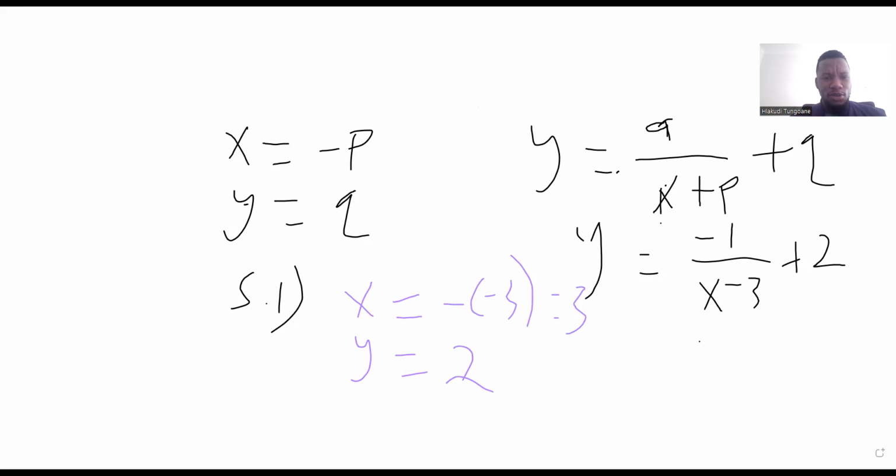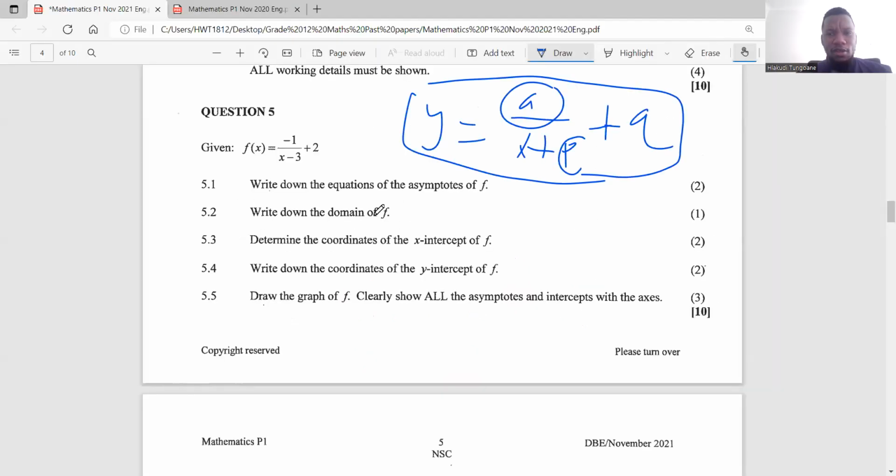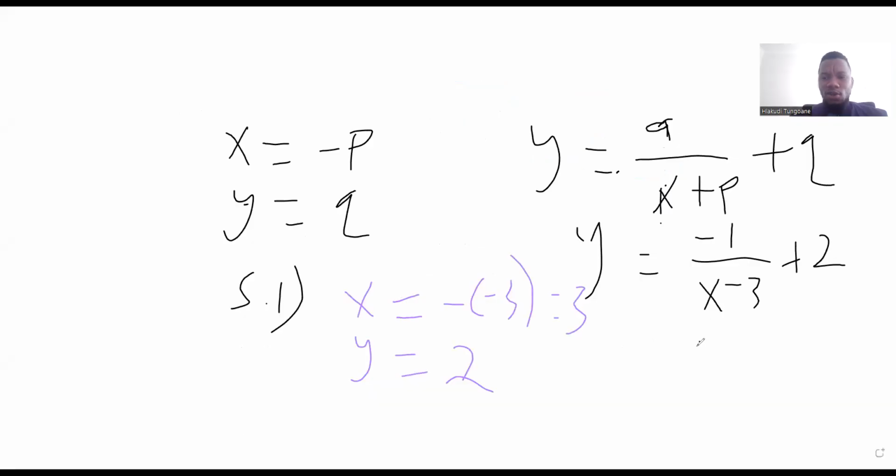Okay, so let's look into the second part of the question. They said determine the domain of f. Remember, the domain is the set of all x values that the graph can take without being undefined, right? And if you remember from our previous video, we mentioned that the domain for a hyperbola is always x is an element of all real numbers, but x cannot equal minus p, right?